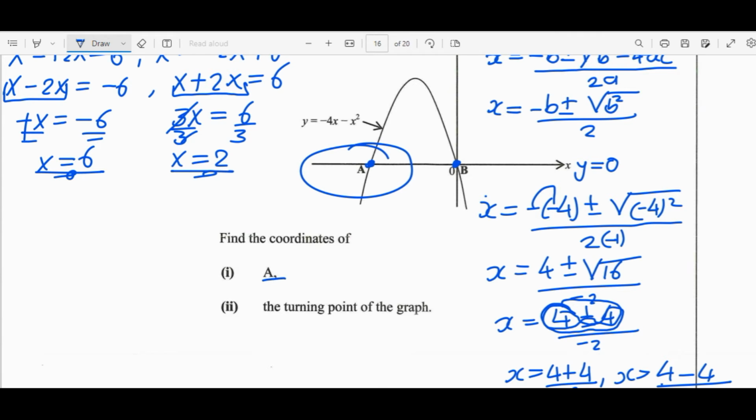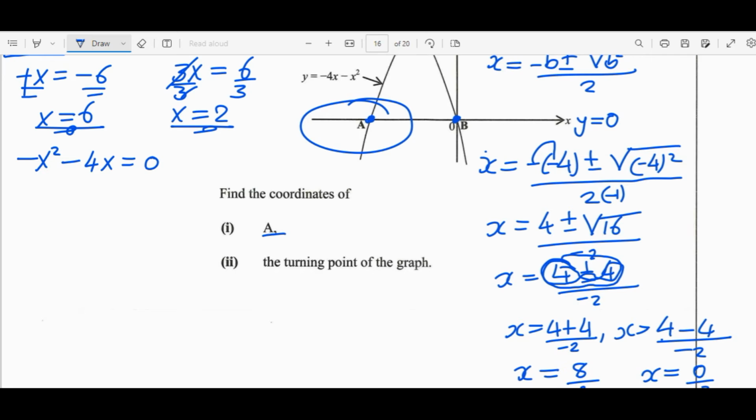Okay. Right. Now, let's say if you don't want to use this formula, let's say you want to use factorization. So how can you use this? So I'm going to say negative x squared minus 4x is equal to, where there is y, you still have to put 0. Now for me to make this easy, I'm going to first break what I have here.